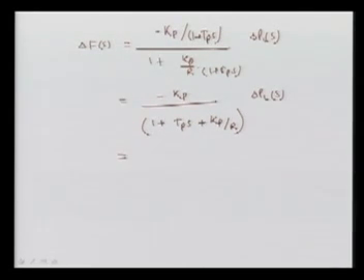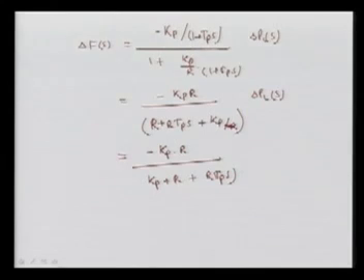Again we want to go for R, so I can write your R here, and this R will be replaced. So we are getting minus Kp into R over Kp plus R plus your R Tps into your change in PLS.